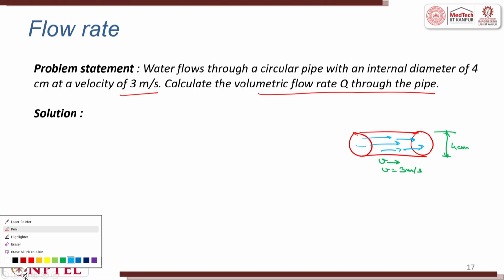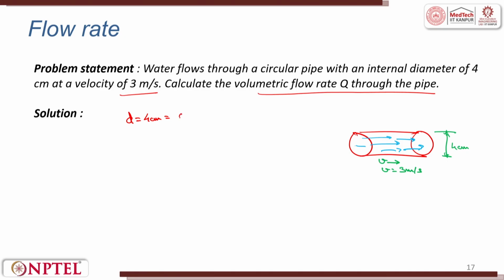Now, simply from the diameter I will calculate the area. We have D equal to 4 centimeter, that is equal to 0.04 meters. Then we have velocity equal to 3 meters per second.